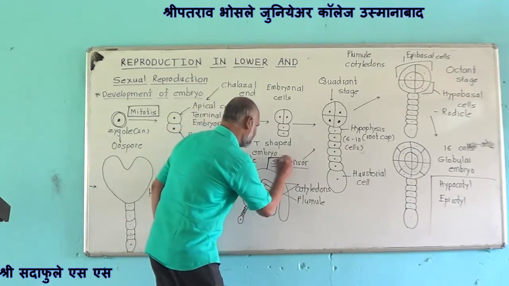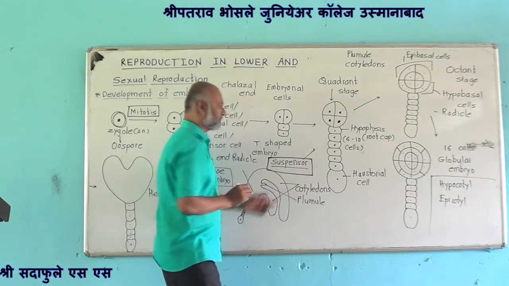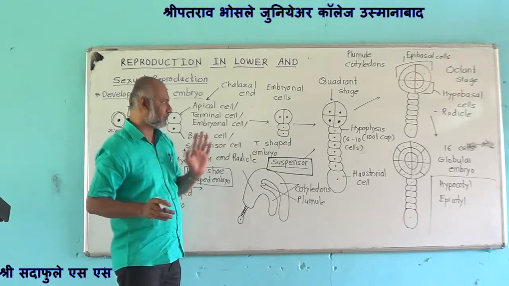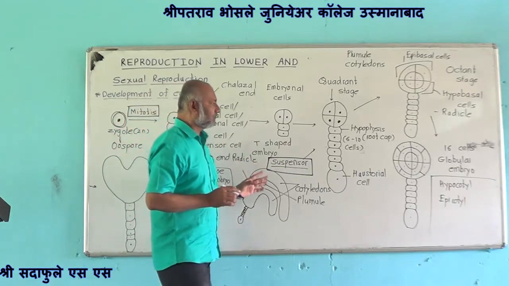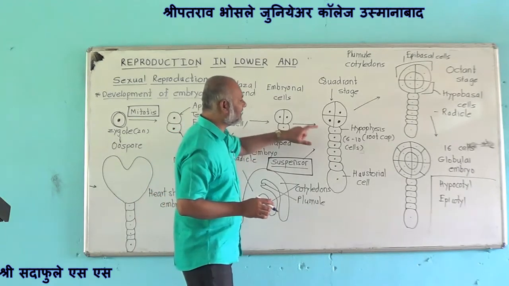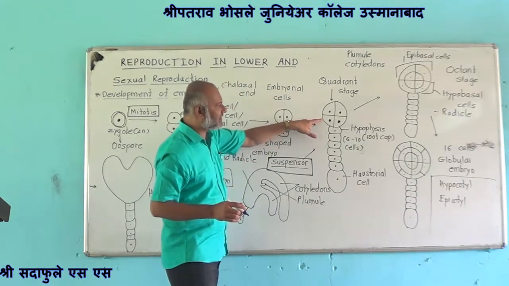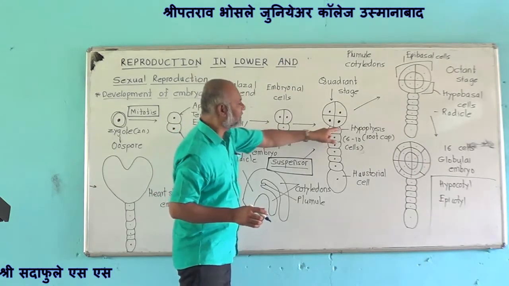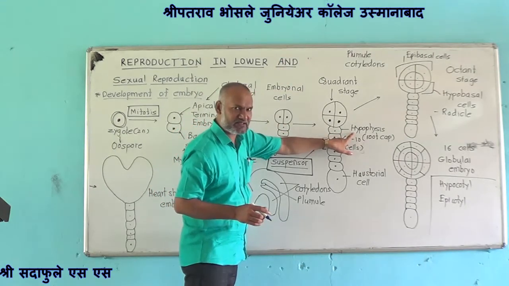Now what is the role of the suspensor? This suspensor pushes the embryo deep into the endosperm. Okay. Now here two structures are important. The cell of the suspensor towards the embryo, or towards the chalazal end, is termed the hypophysis.